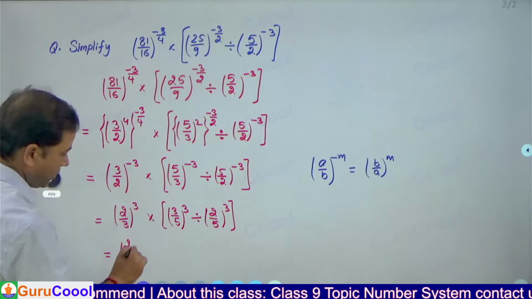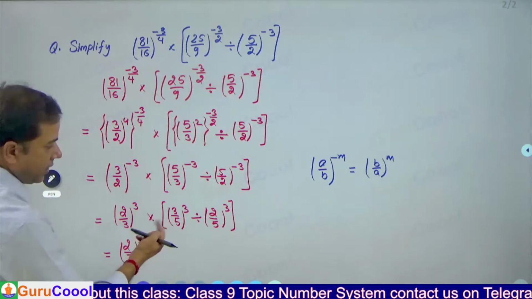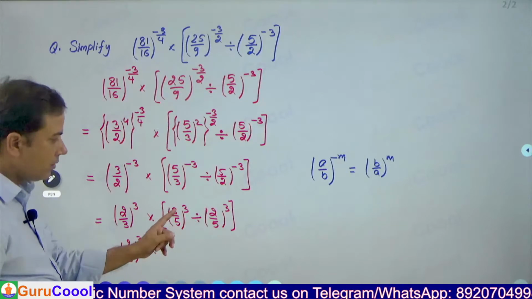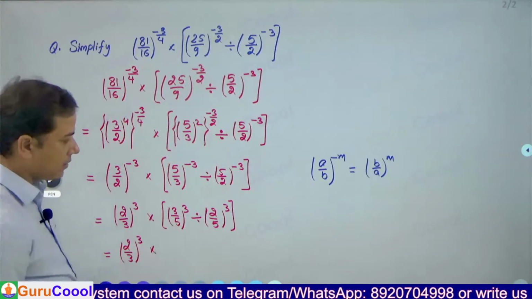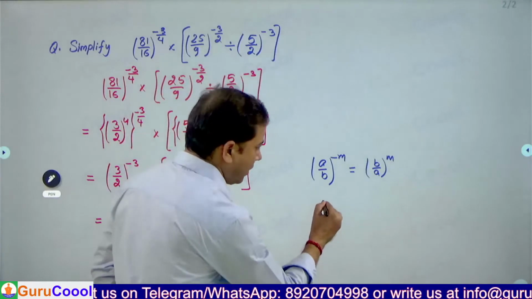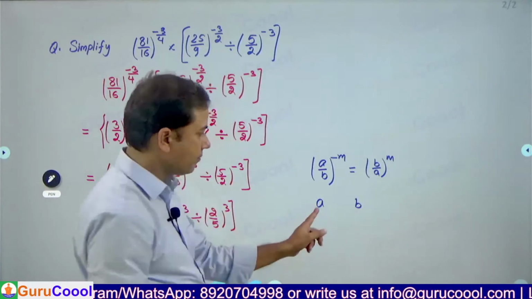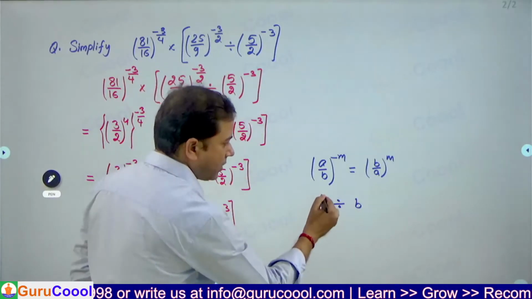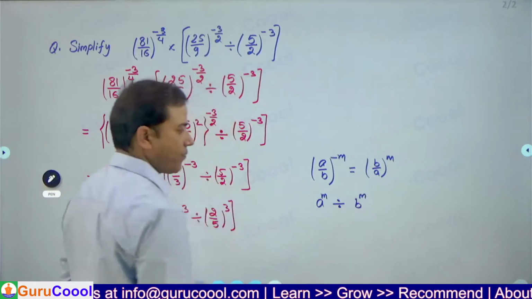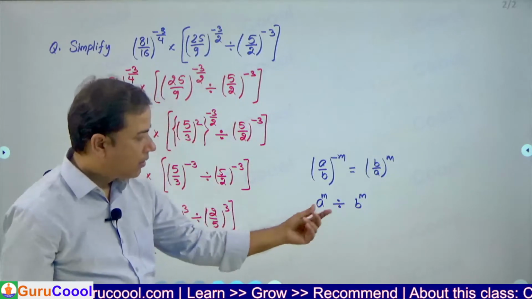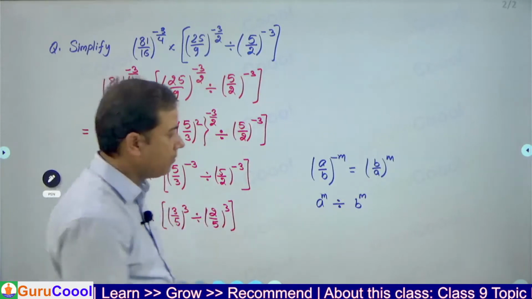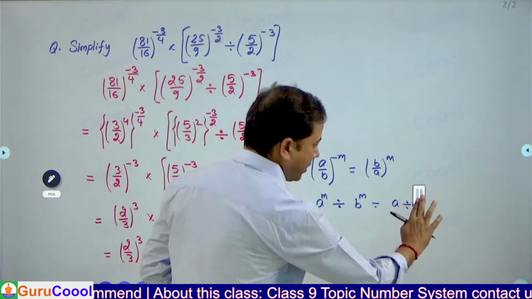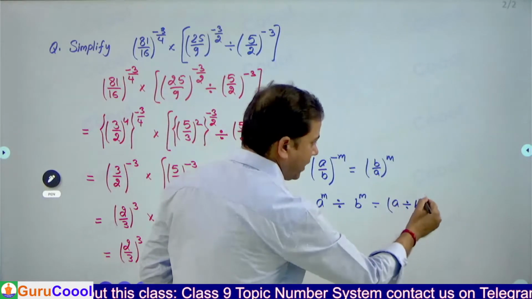2 by 3 raised to the power 3 times, now it's a divide sign. What we notice is they have the same powers or exponents but different bases. How to handle the situation? Different bases like a and b, divide sign between them, same powers m. You can write this as a divided by b, power m.